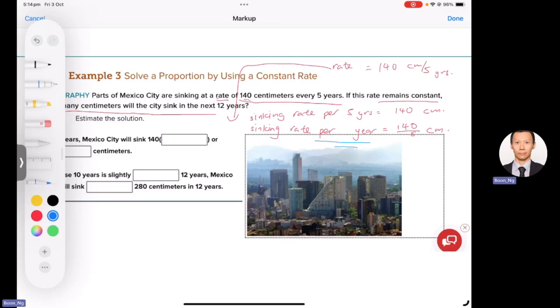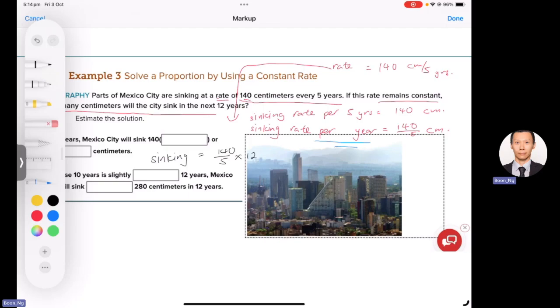So if we want to figure out for 12 years, what we need to do is, the sinking will be equal to 140 divided by 5 times 12 years. No, times 12.